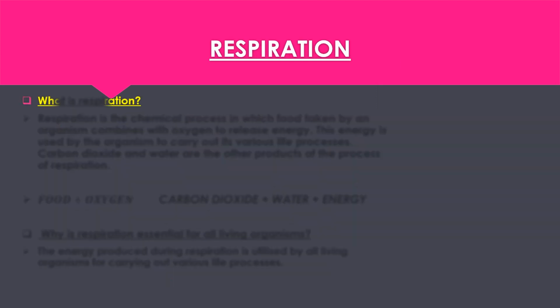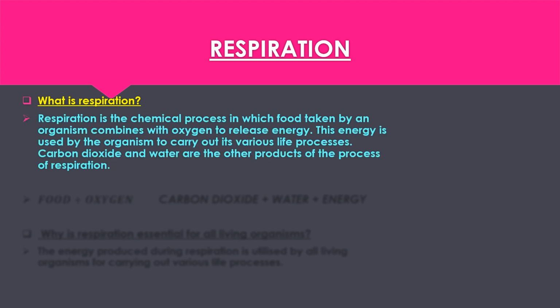Respiration. What is respiration? Respiration is the chemical process in which food taken by an organism combines with oxygen to release energy. This energy is used by the organism to carry out its various life processes. Carbon dioxide and water are the other products of the process of respiration.